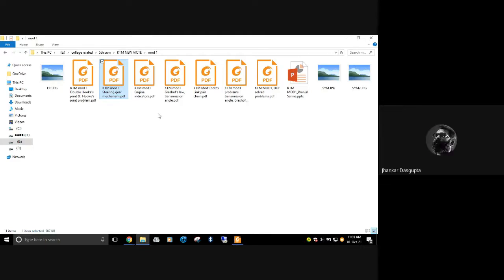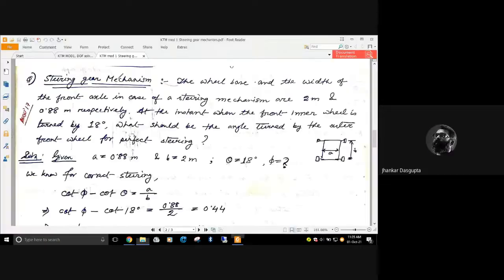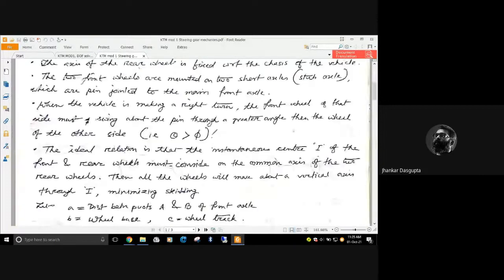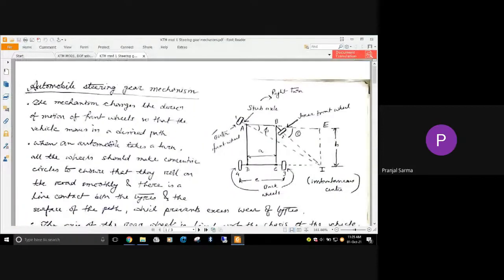Here it is. We have seen that theta is the angle made by the inner front wheel while taking the turn, and phi is the angle made by the outer front wheel. This is a right turn. If it is a left turn, it will be different once again.